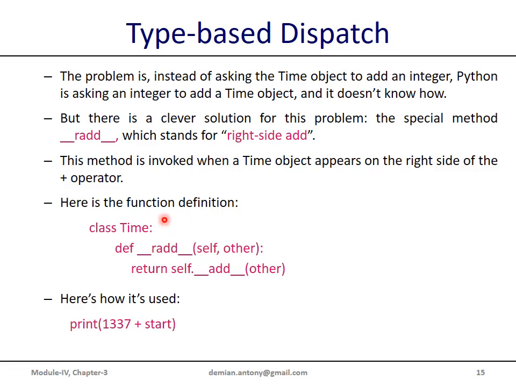Here is the function definition. Class time, instead of add, just write radd self other, and internally you can write self dot add other, and we need to have a definition for this add, which is one additional function definition.